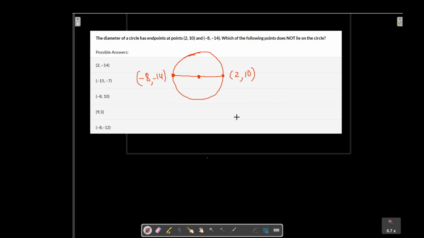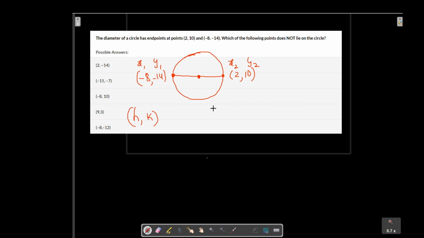To find the equation of the circle, we should know the center and the radius. How can we find the center from the diameter endpoints? The midpoint of these 2 points is the center. The midpoint of the diameter will give you the center. h comma k will be, let's treat these as x1 y1 and x2 y2.